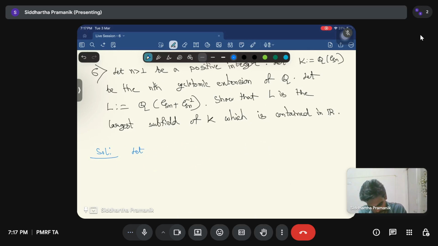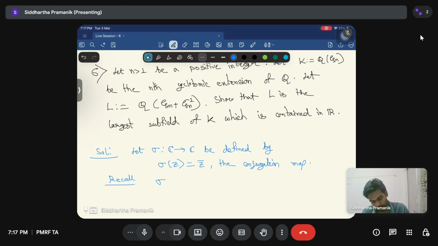Let sigma from C to C be defined by the conjugation map. So recall that we have done this. Then recall sigma is an automorphism of C, and not only that. So this is one thing.